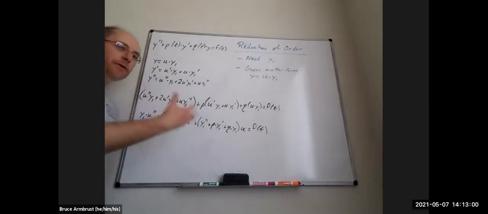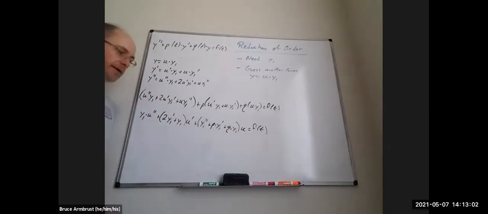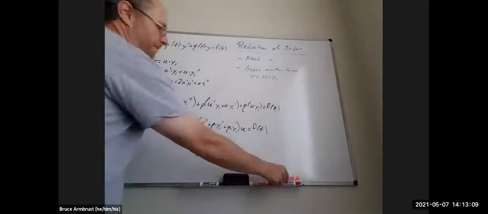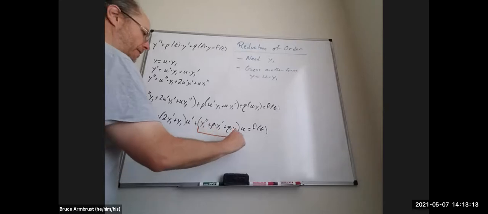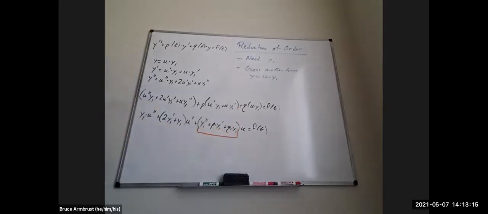Okay, so if we make the guess of 2 times, this is what we get. But check this out. Look at the piece that's on U. What does that equal?